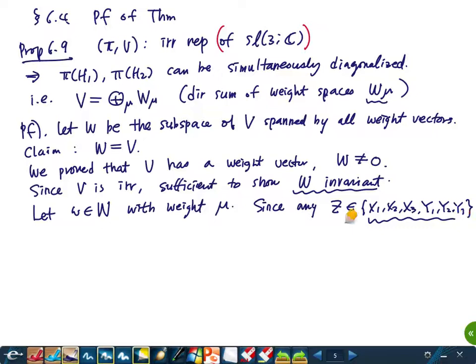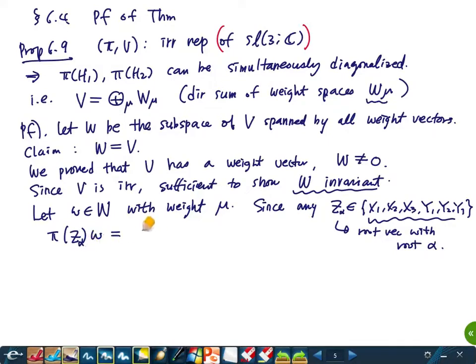So we will see what happens to this. What is this? This is a root vector with some root, say alpha. For any of these, it is a root vector, we know that. Let's write alpha here just to indicate that it's a root vector with root alpha.